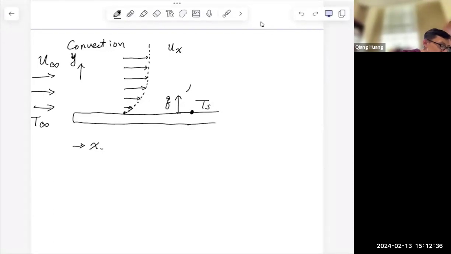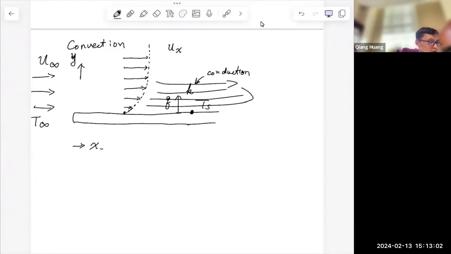So this is by a mode of conduction heat transfer. However, the difference between conduction and convection is that it not only has conduction in the y direction, but also the removal of heat because the water flows from left to right.